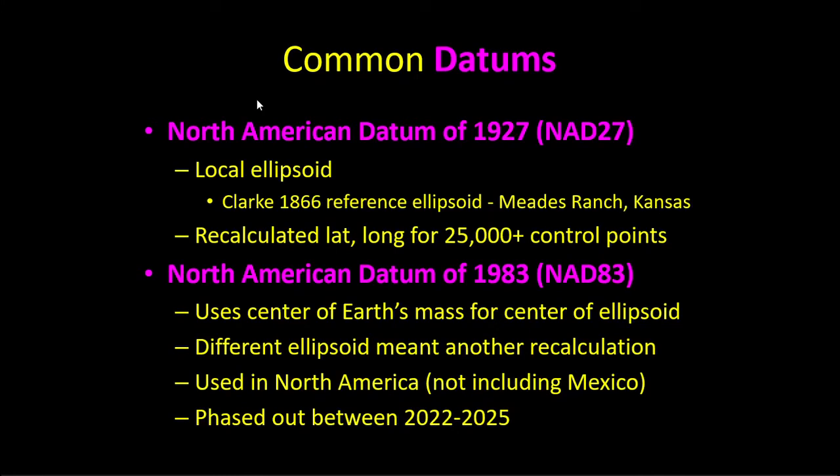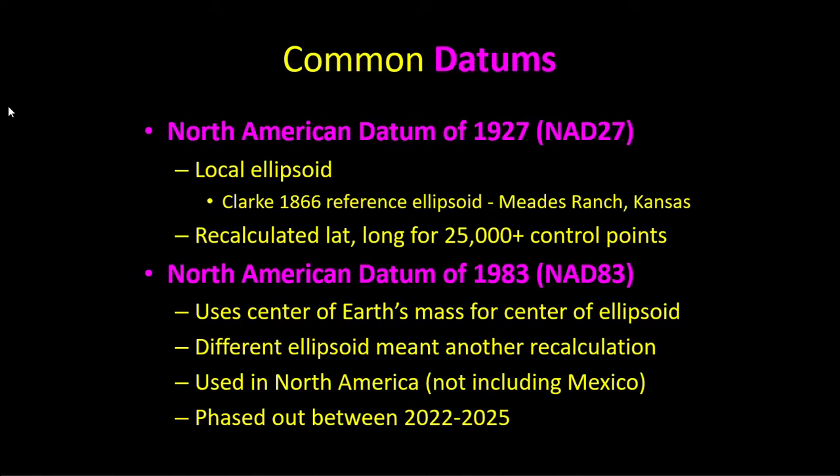Then came the North American Datum of 1983, and it uses the center of Earth's mass for the center of the ellipsoid, whereas the previous one, NAD 27, used an actual surface point there in Kansas to base the reference ellipsoid from. This one here, the NAD 83, used the center of Earth's mass to put that ellipsoid, the center of that particular ellipsoid.